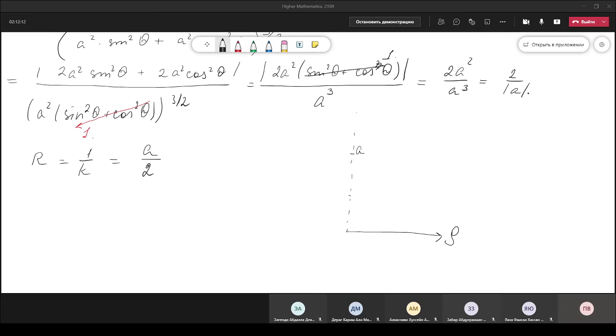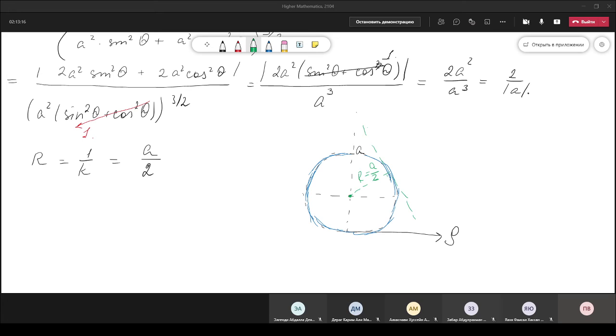Circle, this circle. Maybe blue. In each point, if we will have tangent line, the perpendicular of tangent line come to center of our circle, and the radius will be a over 2.